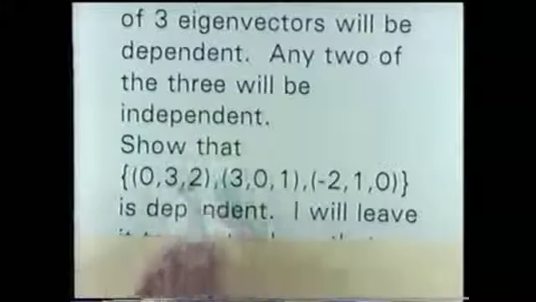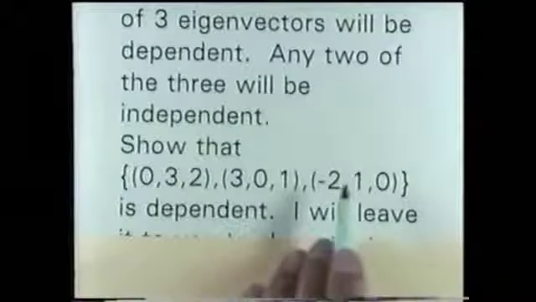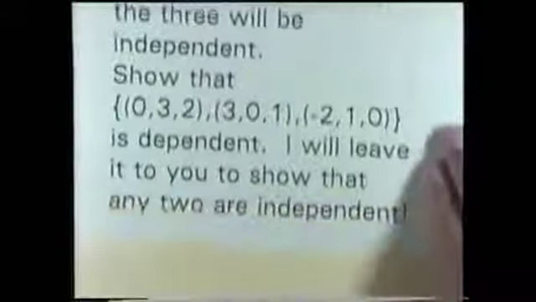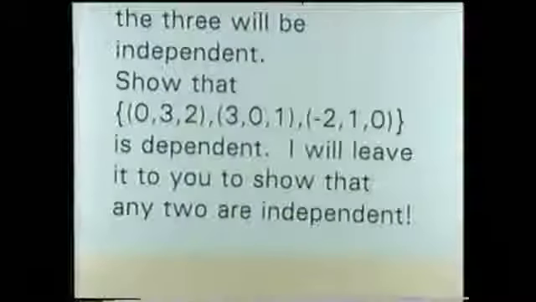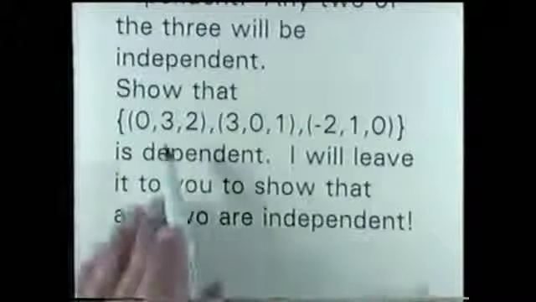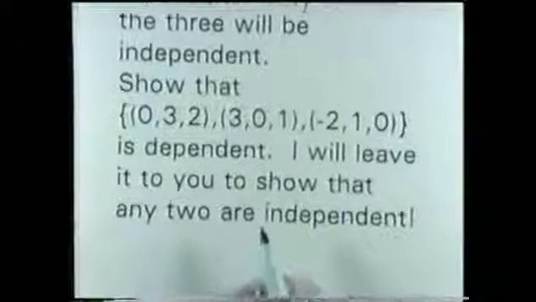And what I said was that the set of 3 would be dependent. Well, I'm going to show you that the set (0, 3, 2), (3, 0, 1), (-2, 1, 0) is dependent. I'll leave it to you to show that any 2 are independent. Or maybe I might show you these 2 are independent. But first, I want to show you that the set is dependent.